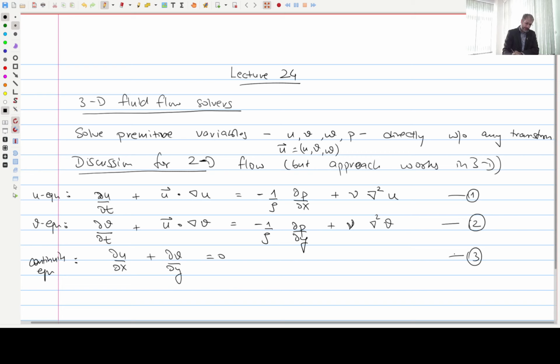We also call this continuity equation a compatibility equation for the velocity field. This word compatibility equation is used in the sense of mathematics rather than physics.